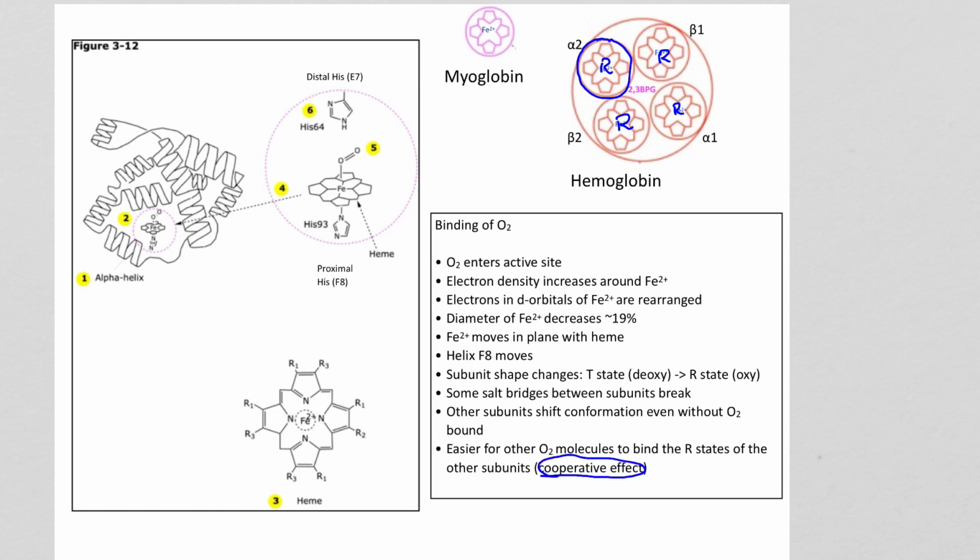The cooperative effect means it gets easier and easier for oxygen to bind to the hemoglobin as one subunit induces the formation of the R state in the other subunits. This is because the R state binds oxygen very well. The T state has a lower affinity for oxygen.